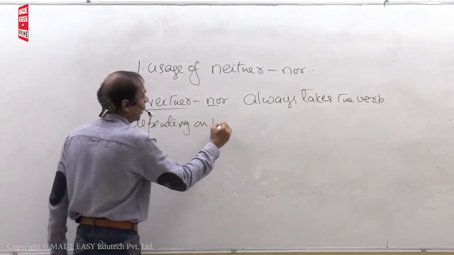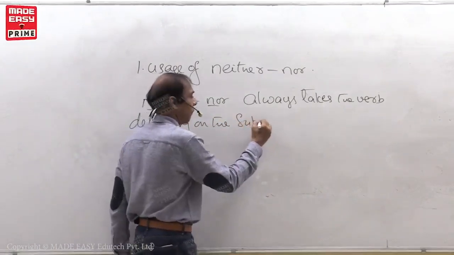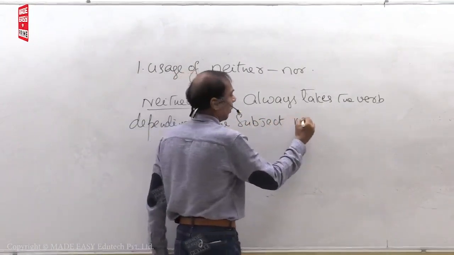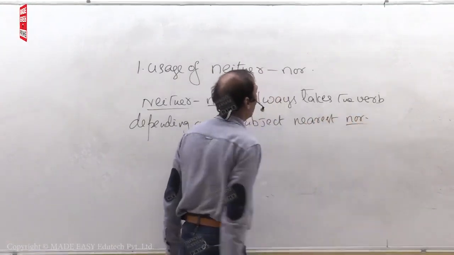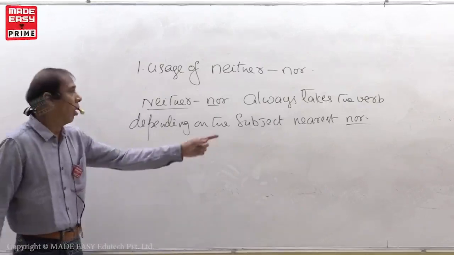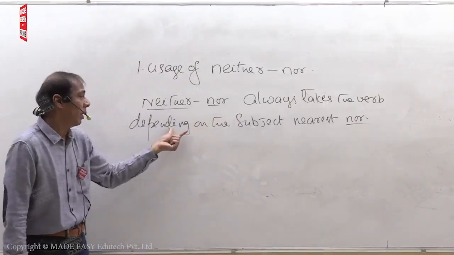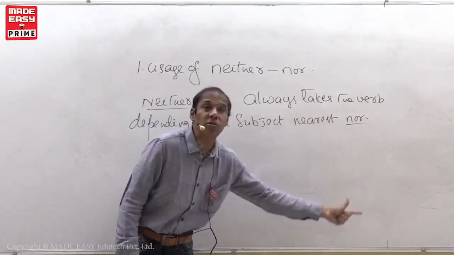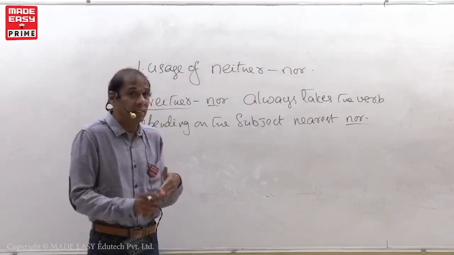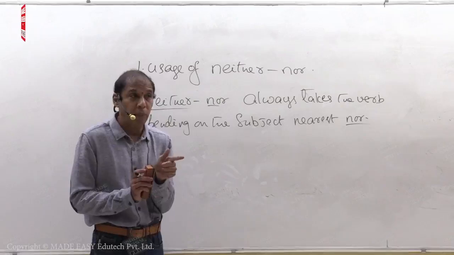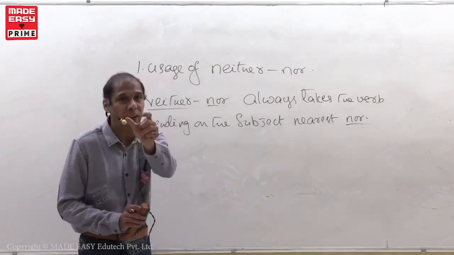Neither nor always takes the verb depending on the subject nearest to nor. When we are using neither nor, what is the subject nearest to nor? Depending on the subject nearest to nor, we have to accept the verb.